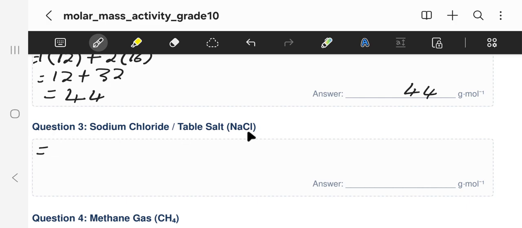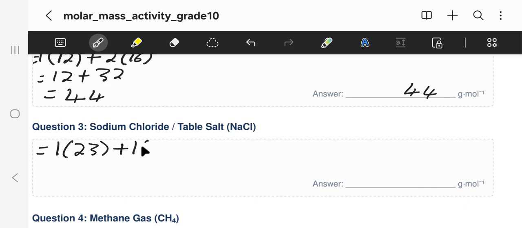And how are we going to do this one? We are going to check firstly how many sodiums we have. Remember, if there's no number at the bottom, it means we have one atom. So I have one sodium, and I'll multiply this sodium by its relative atomic mass, and the relative atomic mass of sodium is 23. Plus, for chlorine, how many chlorines do I have?